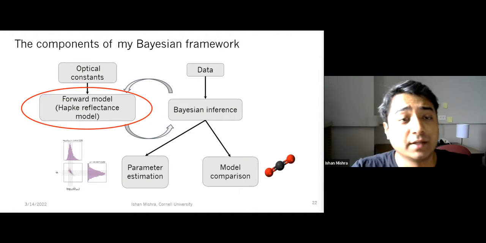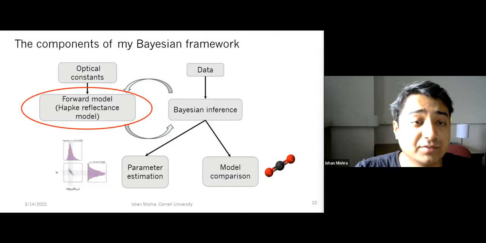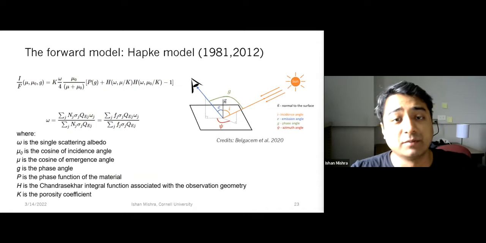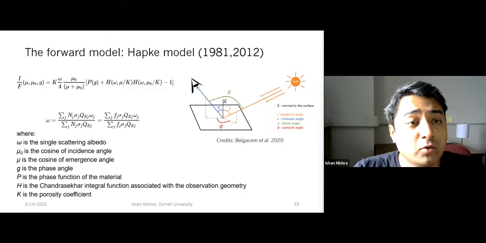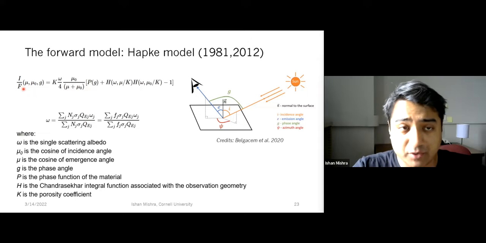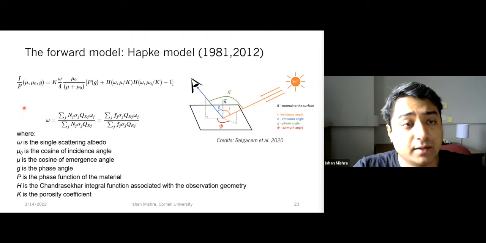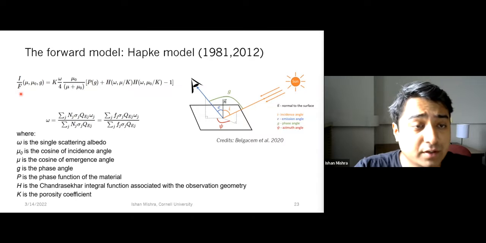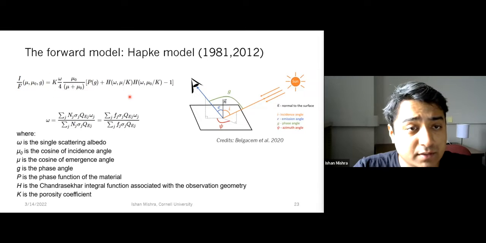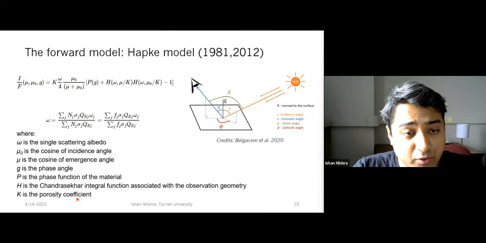So let me first quickly go over the model that is at the heart of all of this. And that is the famous Hapke model of surface spectroscopy, where you basically have an analytical approximation of the reflectance of the surface. This is just a normalization constant, which is like solar radiance. And it is a function of various parameters, like some observational geometry parameters, a porosity parameter, and a multiple scattering parameter.